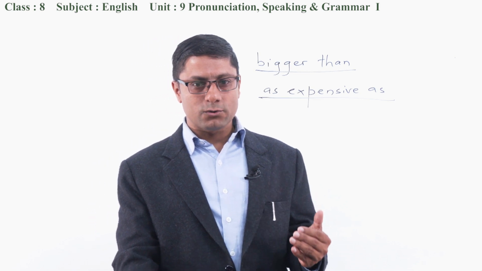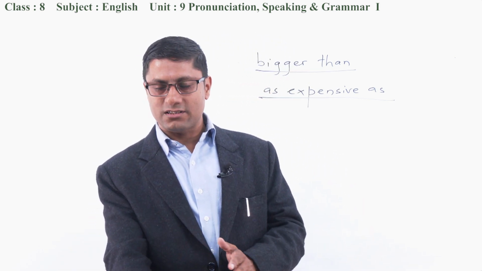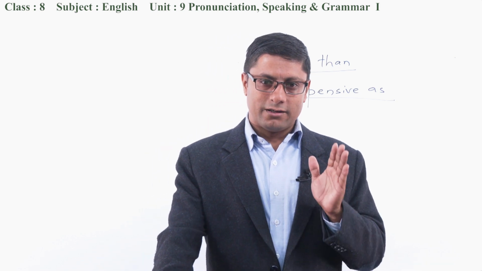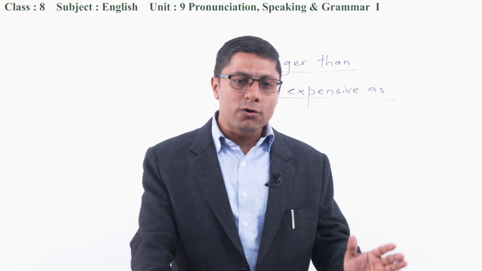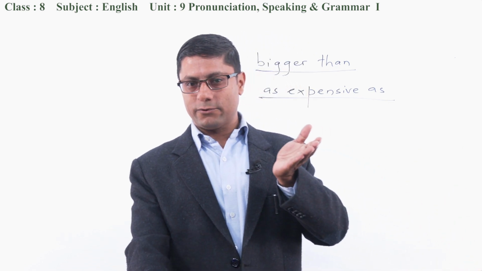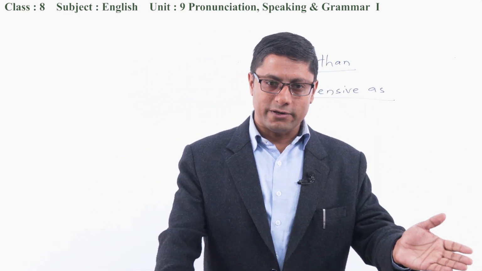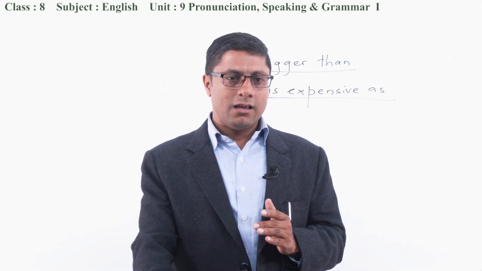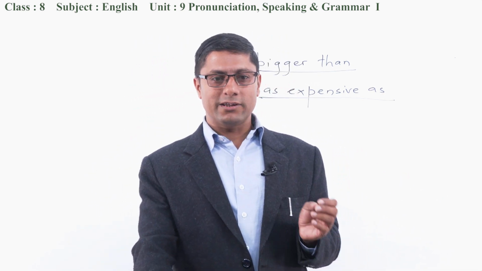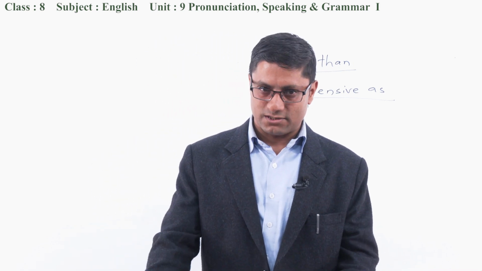We also learned the comparative and superlative forms of adjectives. Again, we learned when we add er and when we add more to make comparisons. Similarly, we also learned when we add est and when we add most to make superlative degrees of adjectives. And finally, we used comparative and superlative forms of different adjectives.